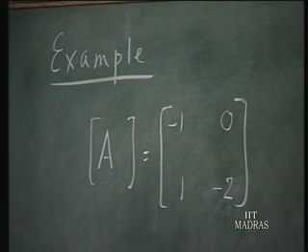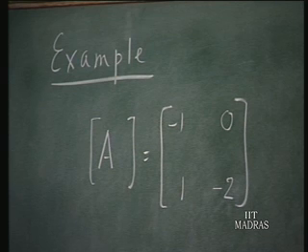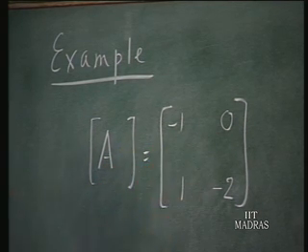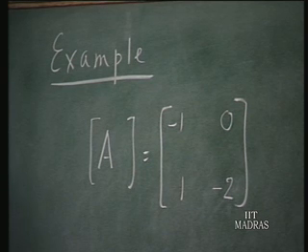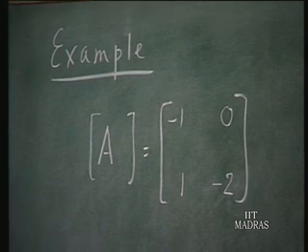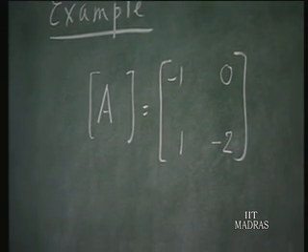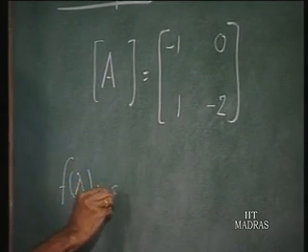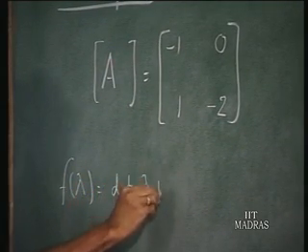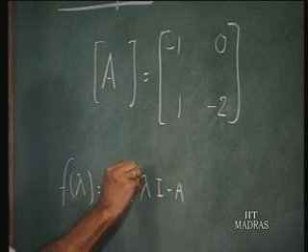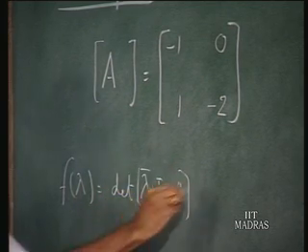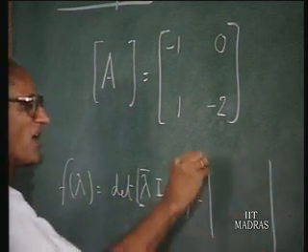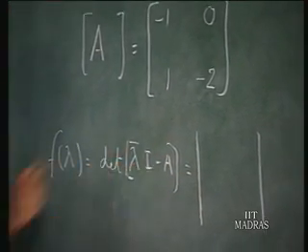As an example, let us consider the determination of e power at when A is the square matrix minus 1 0, 1 minus 2. The first thing to do is to find the eigenvalues. So to do that, we form the characteristic equation. So f lambda is equal to the determinant of lambda I minus A, which is the determinant formed by this matrix.